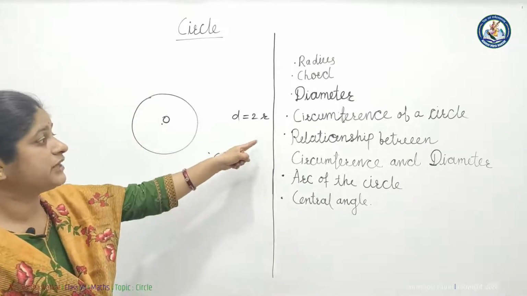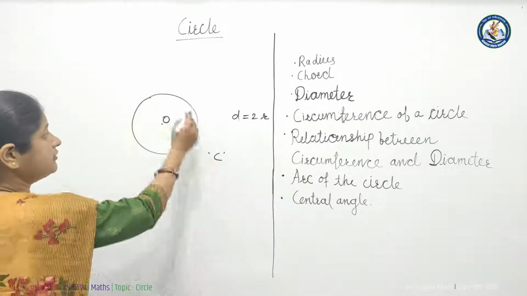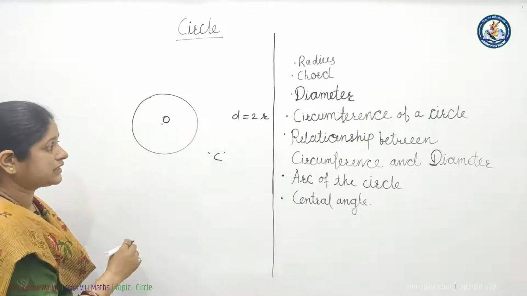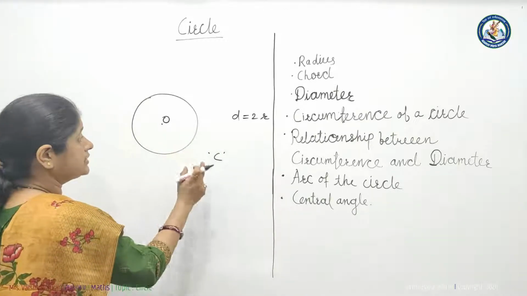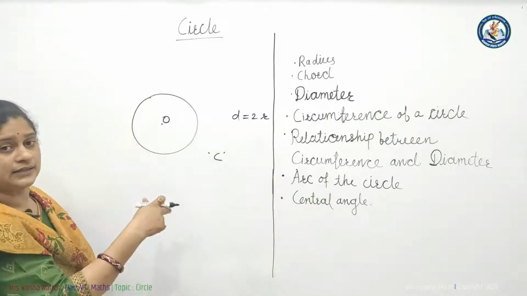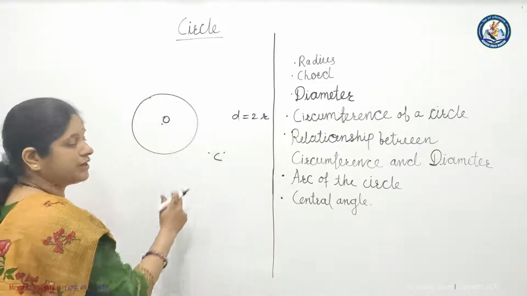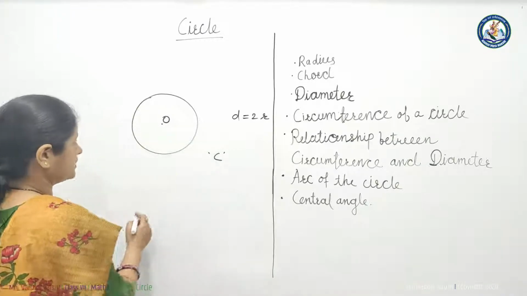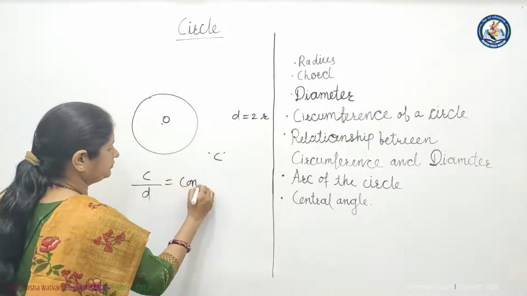Now what is the relation between circumference and the diameter? Now we have to understand the relation. The ratio of circumference of any circle to the diameter is always constant. We can write C upon D is equal to constant.